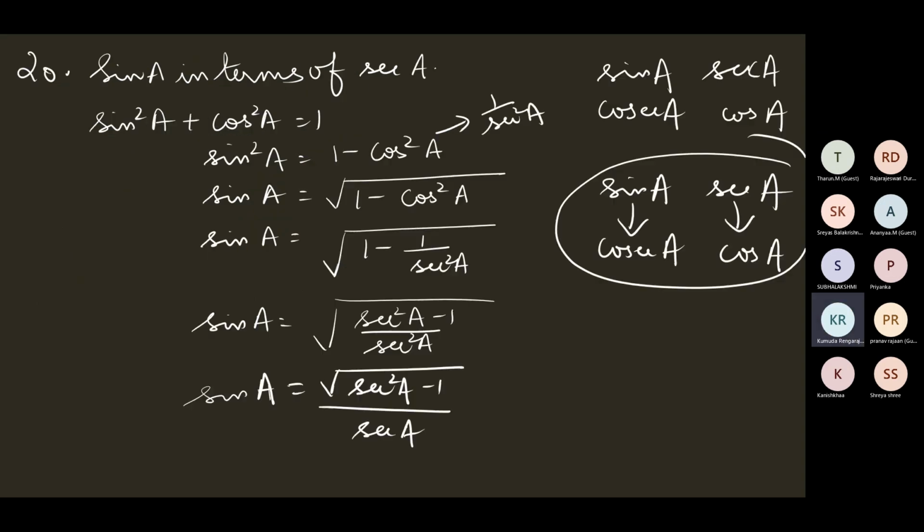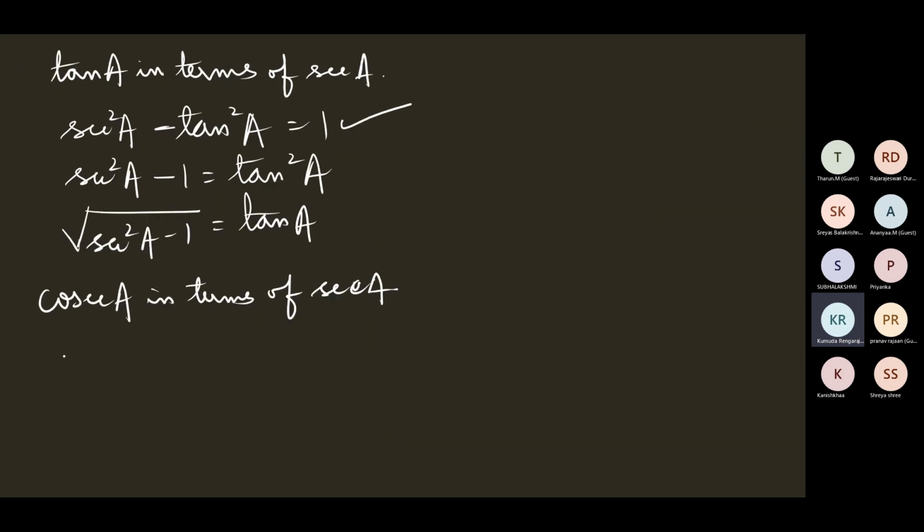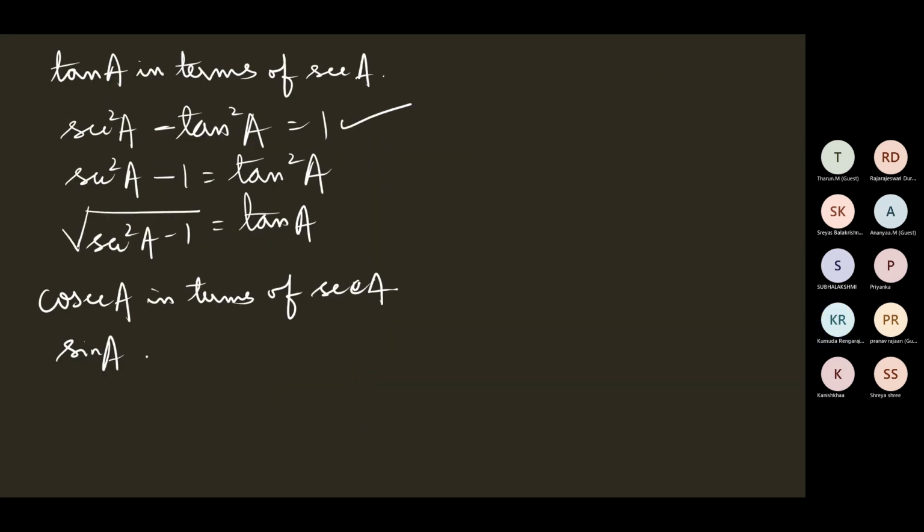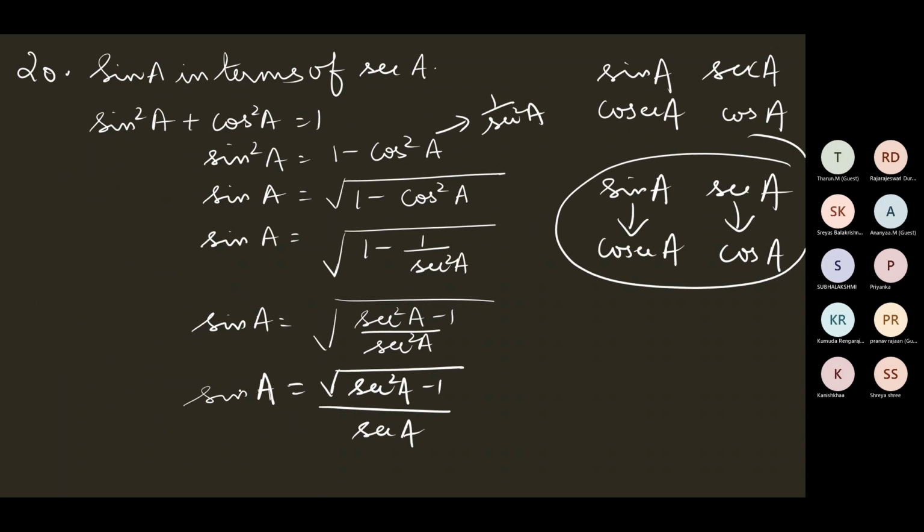Since we've already expressed sine in terms of secant, we'll just take this up. Sine A is equal to the square root of secant square A minus 1 by secant A. That's what we found here.